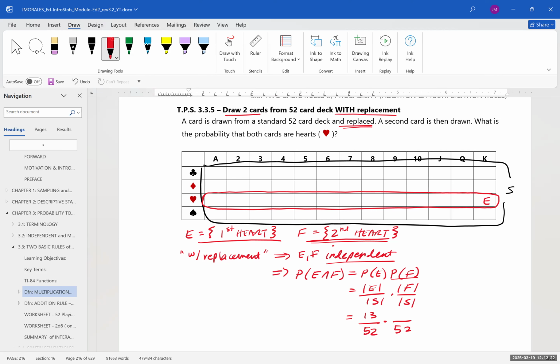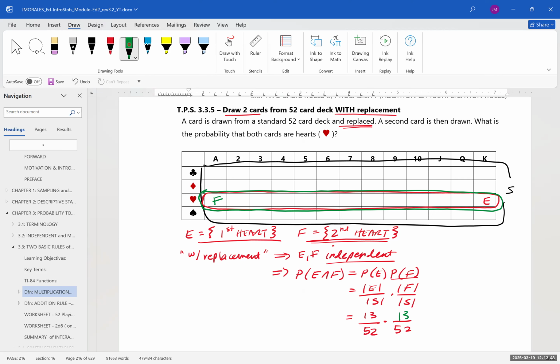It'll also be 52. And even if the card that we first drew was a heart, we put it back in. So event F is going to look exactly like event E. And so the order of F is going to be also 13.